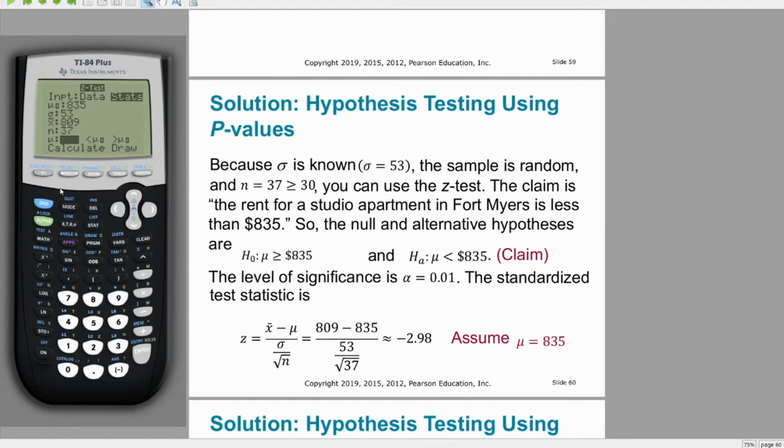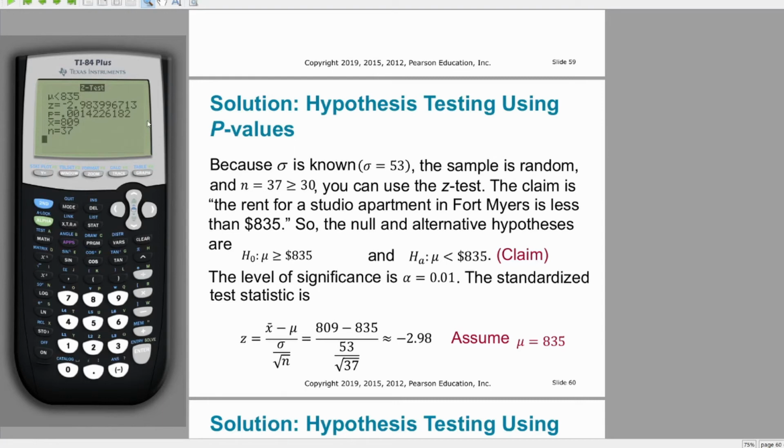Now from here, we are making the comparison that we have a smaller value here. That is, we're taking a left-tailed test. So we select that option here, the mu less than mu naught option, and calculate, where here we get our z-score as well as our p-value.